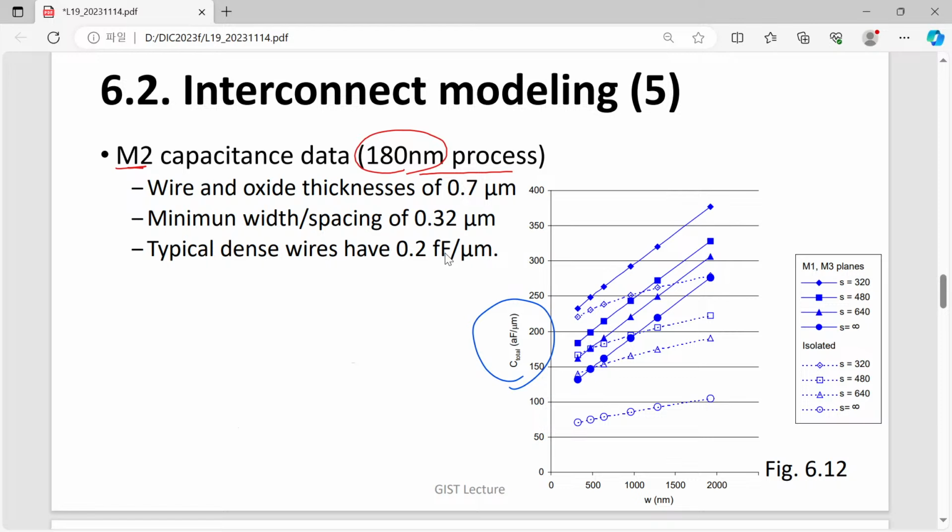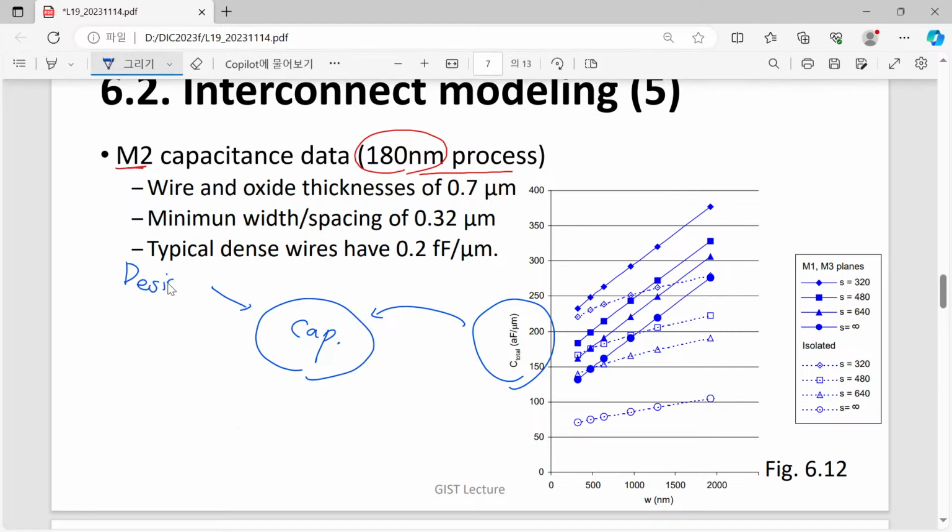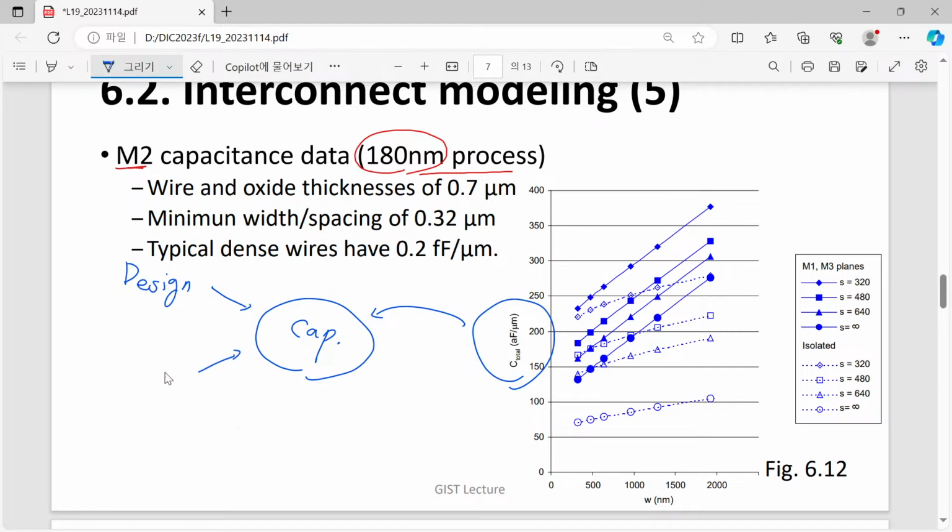Because we are designers, we always have well-drawn wire connectivity, so from this layout the capacitance can be extracted automatically. Of course, for that purpose, we have to provide two inputs. One is a certain design, and another one is technology.